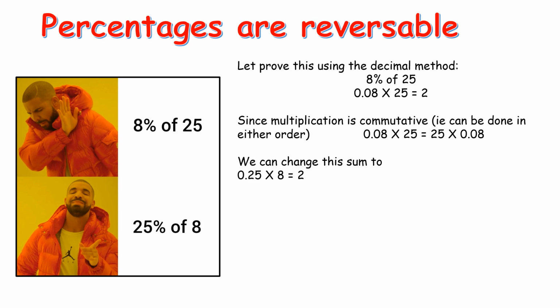And if I change the decimal to be on the 25 and not the 8, so I'm not actually changing where the decimal place goes, I still get the same answer. And that's effectively what we're doing. We're flipping the order and we're making one number smaller but the other one bigger. So we're dividing one number by 100 but we're multiplying the other by 100. So it balances out. So 8% of 25 is actually the same as 25% of 8.